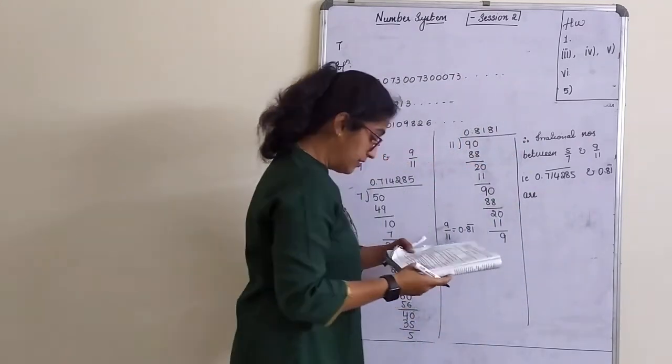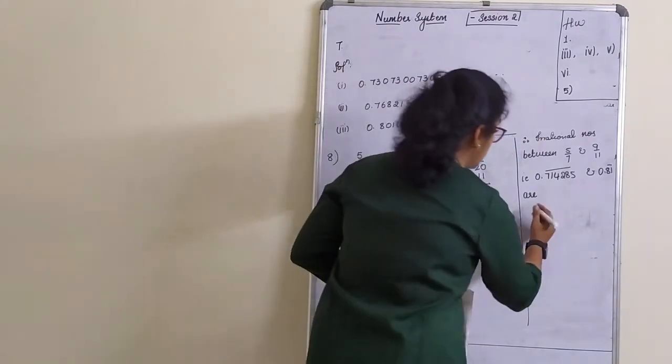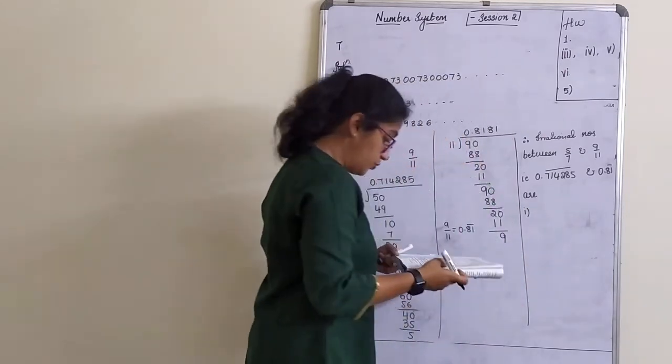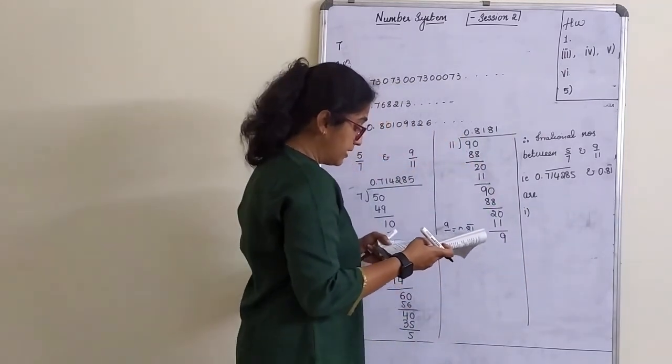How many irrational numbers do we have to frame? 3 irrational numbers. Okay.